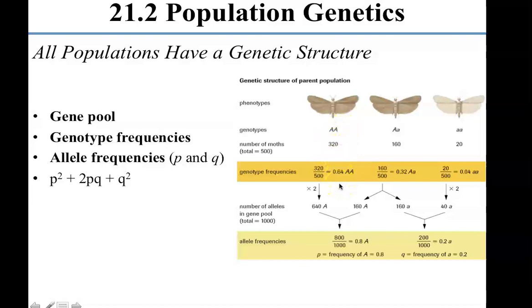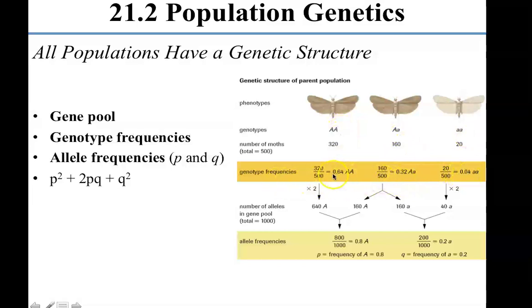So out of the entire population that they looked at, 320 out of 500 were homozygous dominant. And so we've got a genotype frequency of 0.64. 64% of the population is homozygous dominant, 32% is heterozygous, and 4% is homozygous recessive.